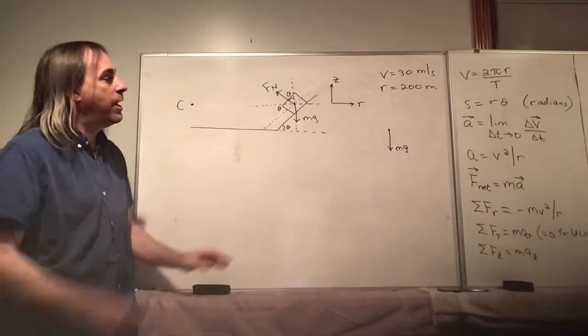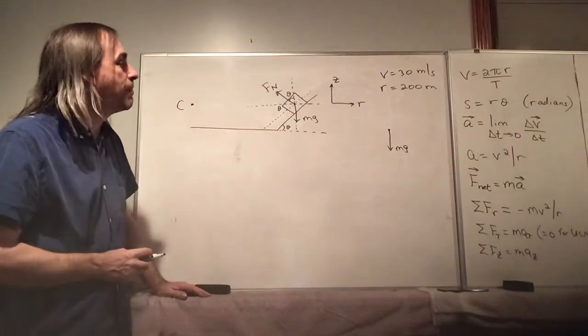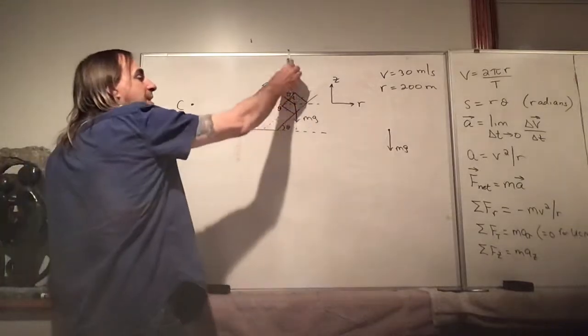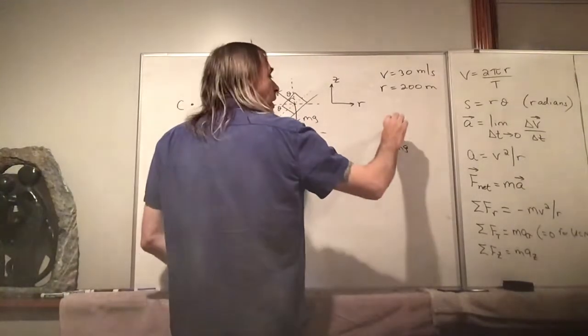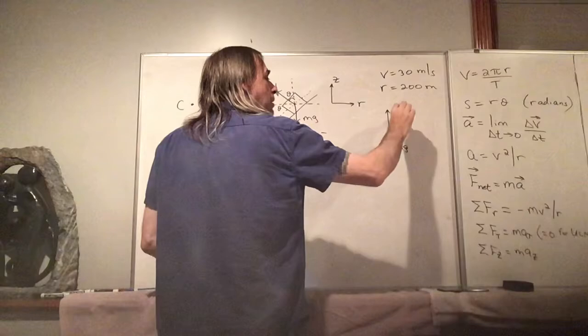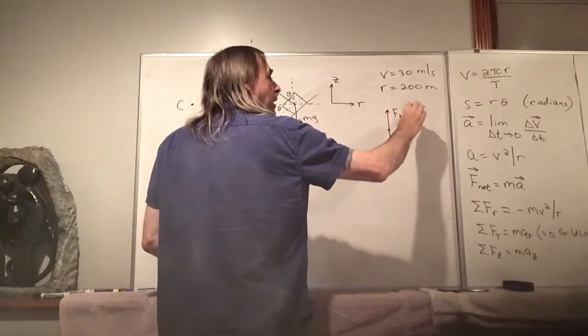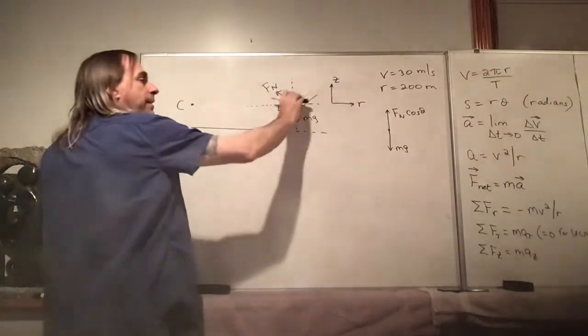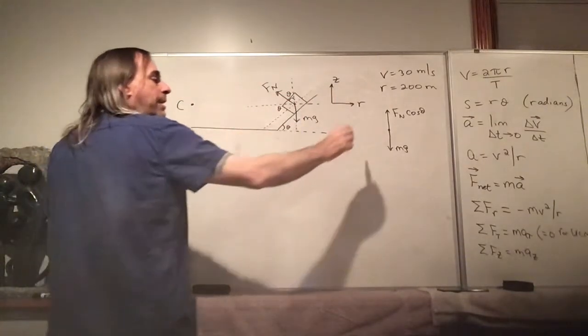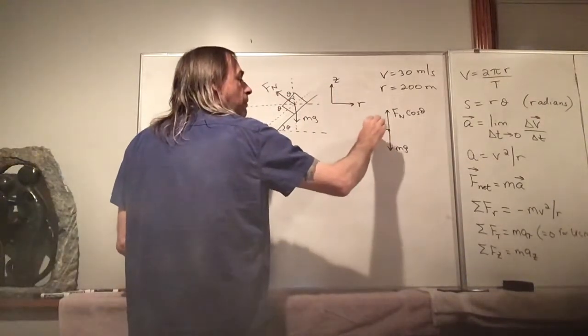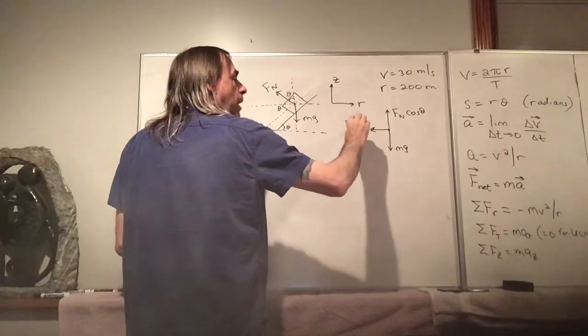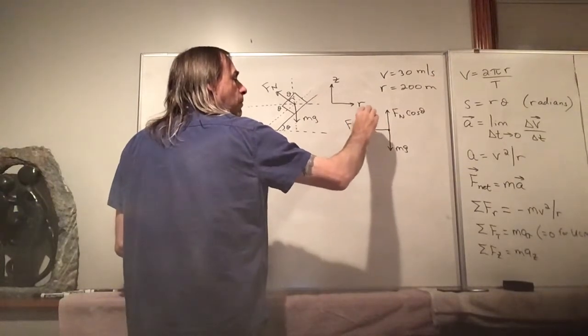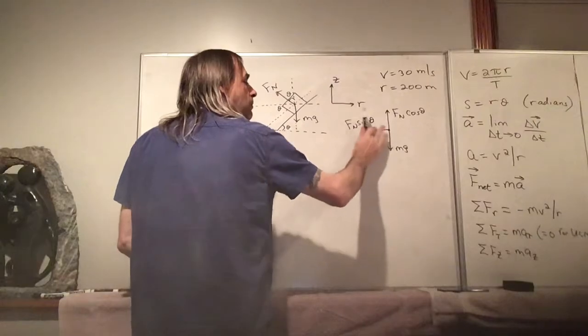And so if we break the normal force into components, the z component would be cosine. That's adjacent. So here we have Fn cosine theta. And then in the radial direction, we have Fn sine of theta.